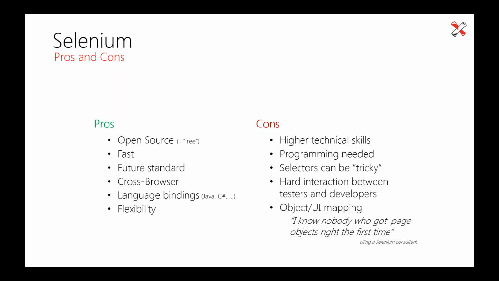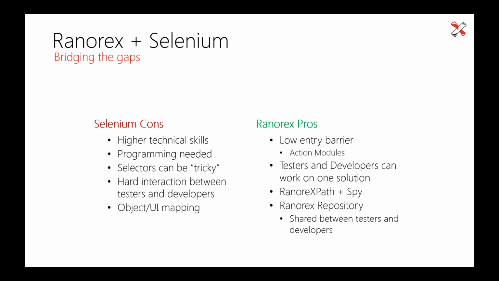And now when we move to the next slide, I would like to present the cons of Selenium a little bit closer with the pros of Ranorex, where we would like to bridge the gap, where we would like to add value to your Selenium tests, make your Selenium tests possibly more stable, increase the stability with the object mapping and so on.